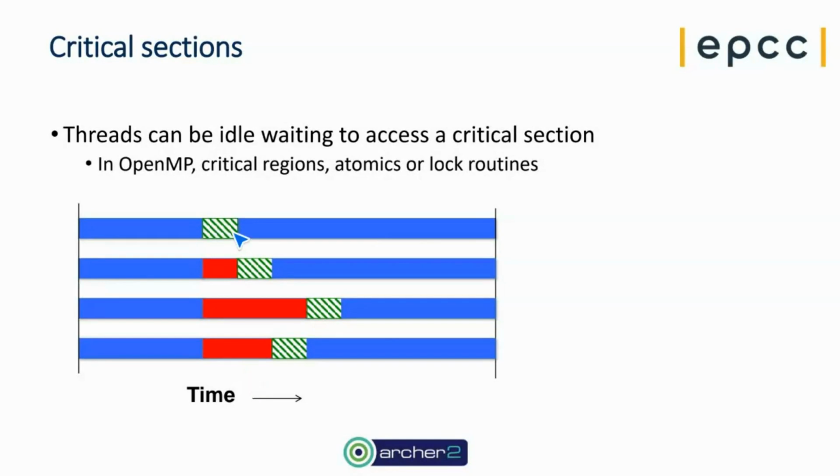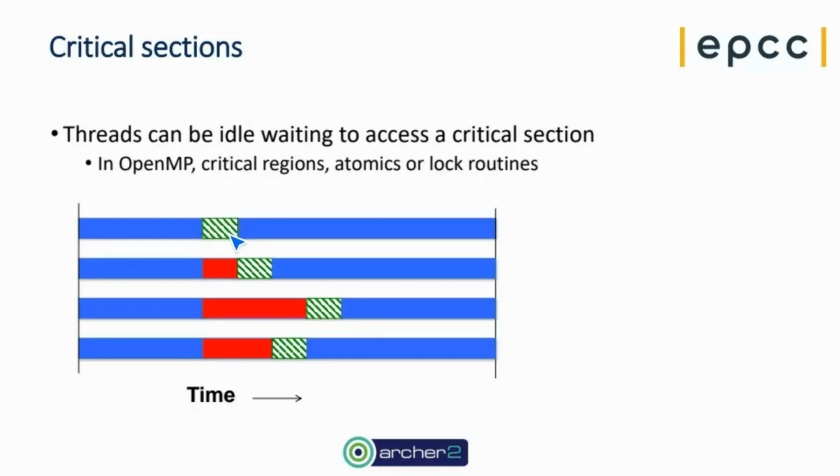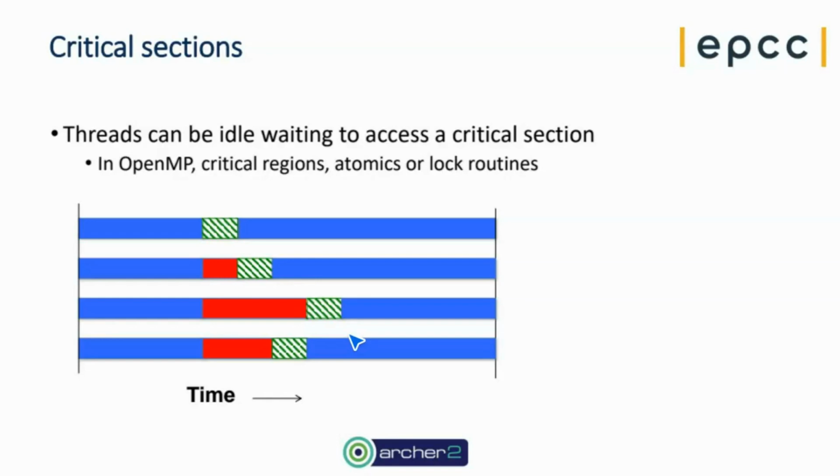So the green stripy piece of computation is a critical section, which only 1 thread at a time can execute. So, for example, if all the threads arrive at that block of code at the same time, then one of them will get in and execute it, and the other ones have to wait their turn. So there will be some idle time as threads are blocked, waiting for entry to the critical section, or waiting to acquire a lock, for example.